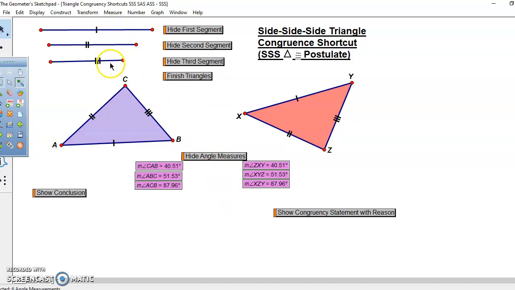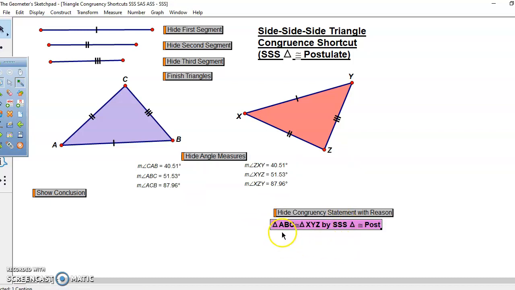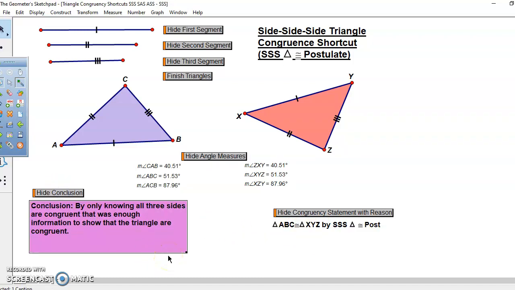So if all of these sides are the same, their angles would also have to all be the same. The congruency statement would look something like this. So ABC would be congruent to XYZ. And then by only knowing all 3 sides are congruent, that was enough information to show that the triangles are congruent.